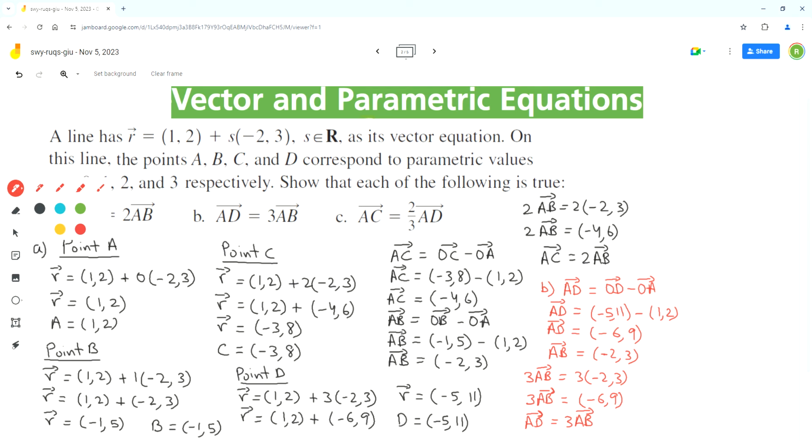Now we can analyze part C. Vector AC is equal to 2 over 3 times vector AD. We found vector AC in part A, and vector AC is equal to (-4, 6). And we found vector AD in part B. Now we can multiply vector AD by 2 over 3.